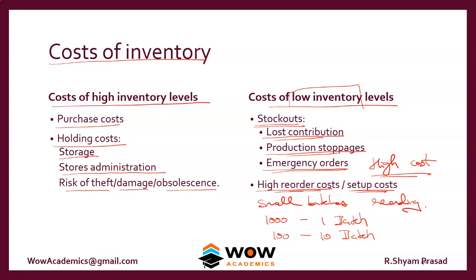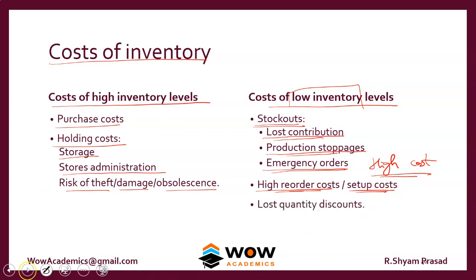So the machine has to be set up for every 100 units. The machine is set up 10 times, and the cost of setup becomes very high. Then there is loss of quantity discount. If the supplier says, if you buy 10,000 units we'll give you a discount, but the company says we will buy only in thousands, then because of buying low levels of inventory, they won't get the quantity discount.